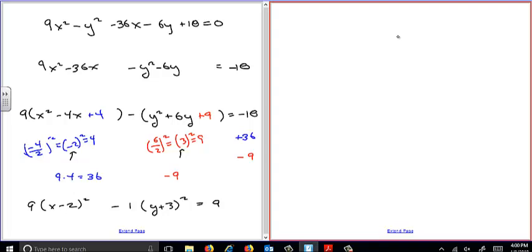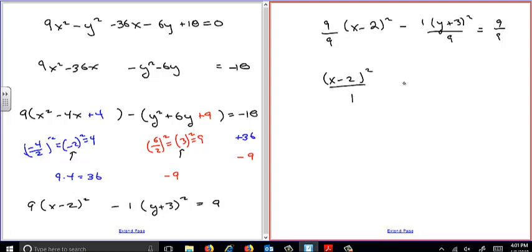Final step, well, next to final step is we divide both sides by whatever constant you have on the right hand side, because you want to get 1 there. So divide every term by 9. So here we get 1, so you'll get x minus 2 squared divided by 1.